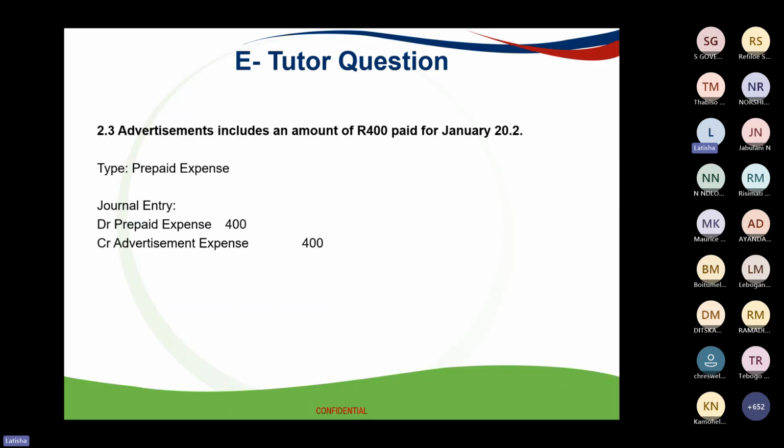And so that is why this will be the journal. We credit advertisement expense because it's sitting in our expenses currently and we need to take it out. So we need to credit it. And we debit prepaid expense, which then becomes an asset on the balance sheet because it's prepaid for the following year.